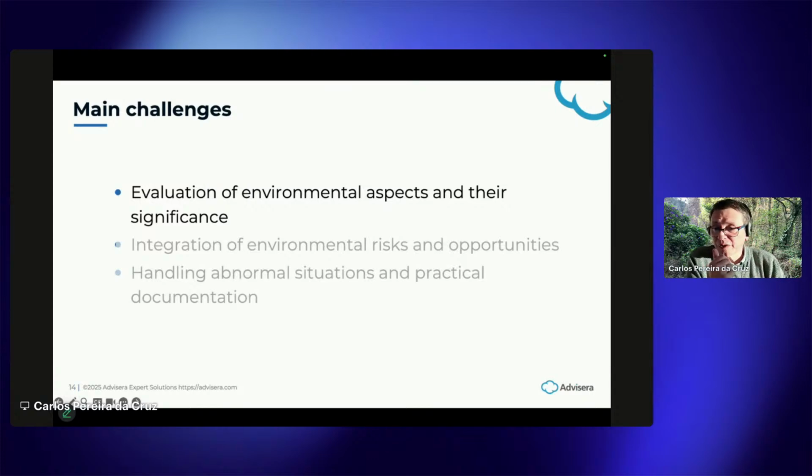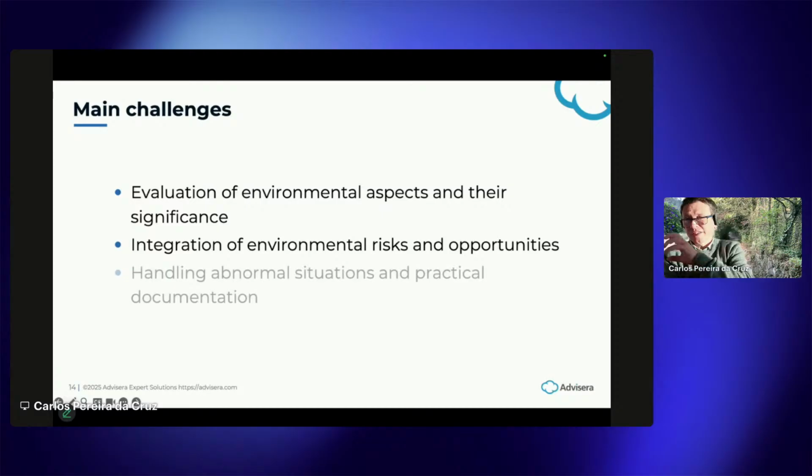The integration of environmental risks and opportunities. So for example, in the beginning, I used the example of environmental aspects of the discharge of treated wastewater. And we can say that, okay, normally, in normal situation, the organization discharges the treated wastewater below acceptable level parameters. So it's everything okay.